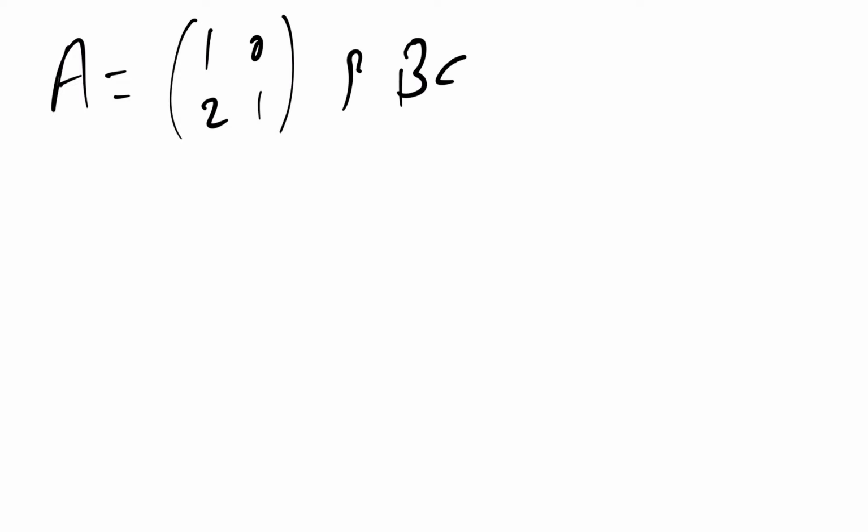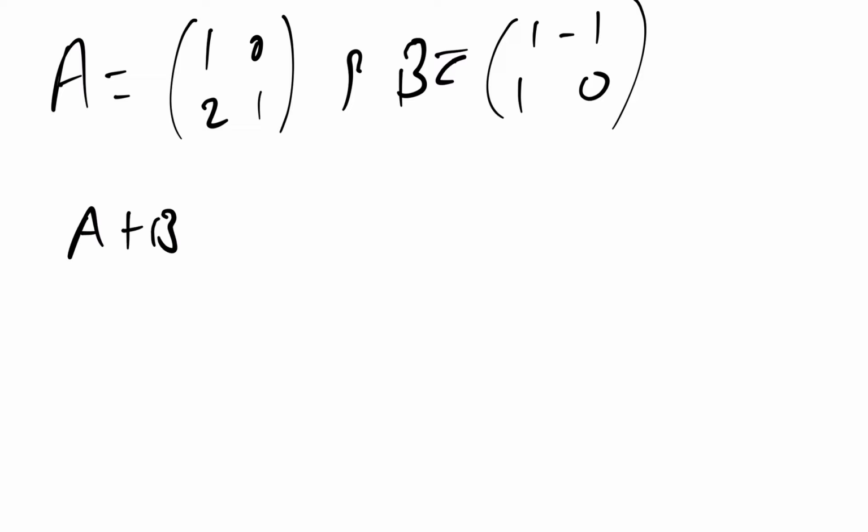If I give a matrix A as 1, 0, 2, 1, and matrix B being 1, 1, negative 1, 0. Okay, with the question maybe saying we should find A plus B, just like I've already said, firstly we have to check if the orders of the matrices are the same or not.